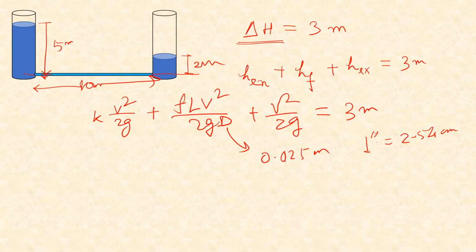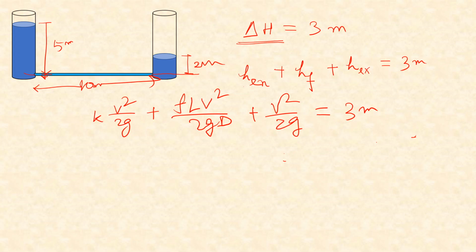So it will be either 1 inch pipe, half-inch pipe, quarter-inch pipe, and so on. So just to keep some common ground with that, let's call it 0.025 meter, that is 2.5 centimeter, approximately 1 inch.